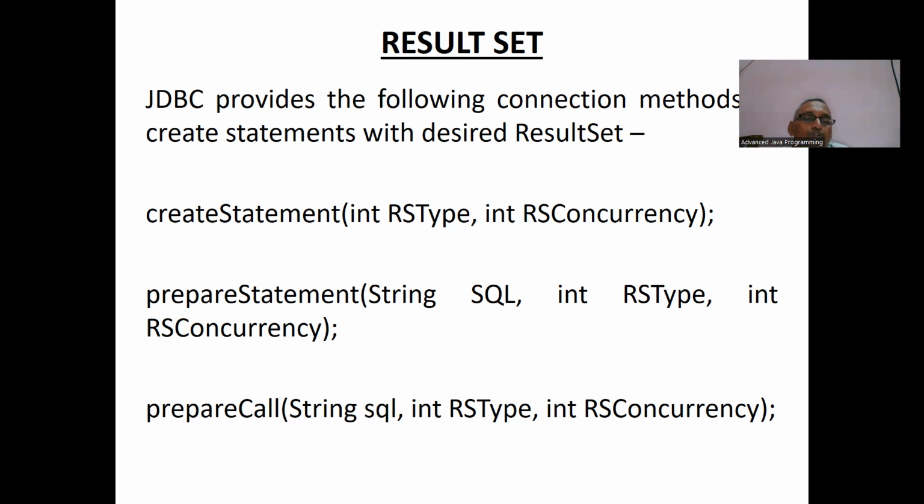ResultSet.TYPE_SCROLL_INSENSITIVE: the cursor can scroll forward and backward, and the result set is not sensitive to changes made by others to the database that occur after the result set was created. ResultSet.TYPE_SCROLL_SENSITIVE: the cursor can scroll forward and backward, and the result set is sensitive to changes made by others to the database that occur after the result set was created.